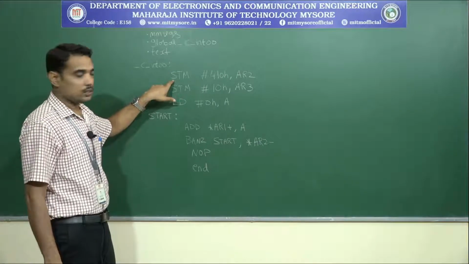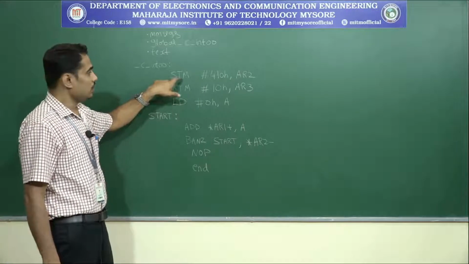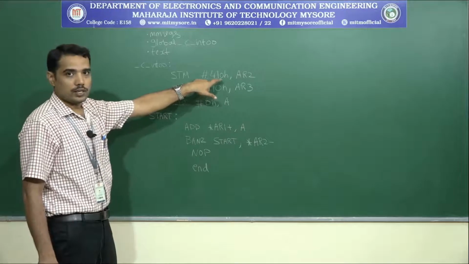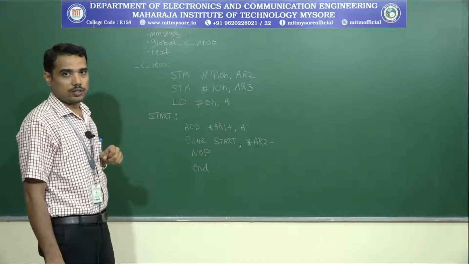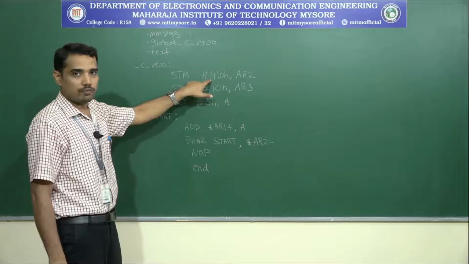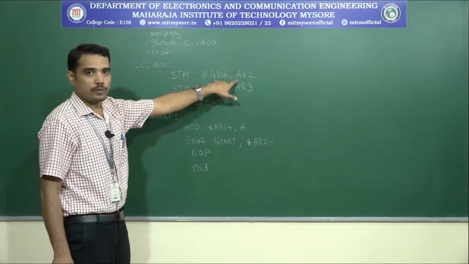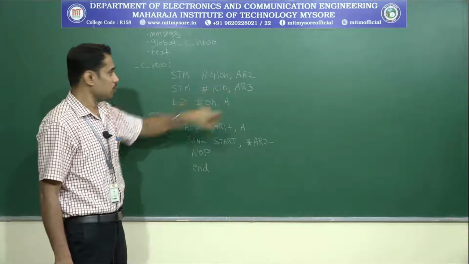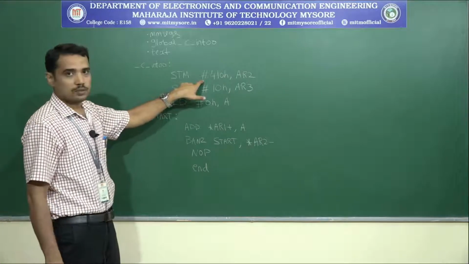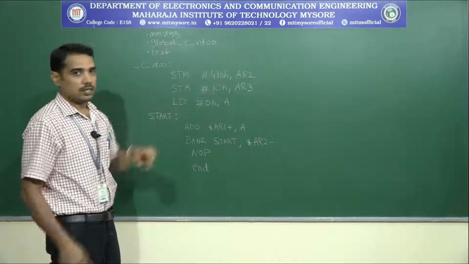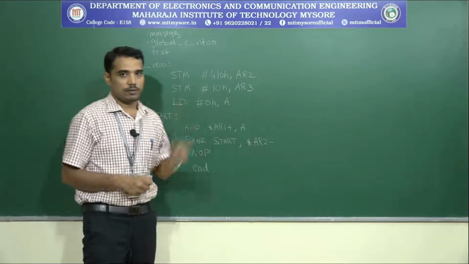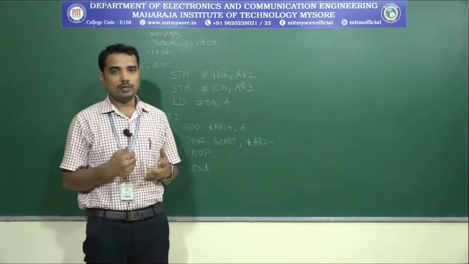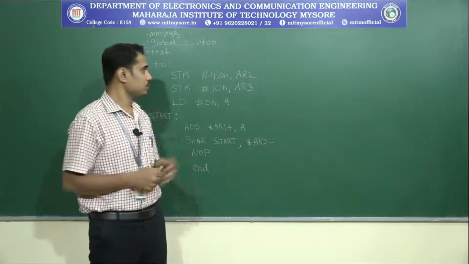The first instruction is to initialize the first memory location, 410H. In order to point to 410H, we make use of the auxiliary register AR2: STM #410H, AR2. STM refers to store immediate value into memory-mapped register.